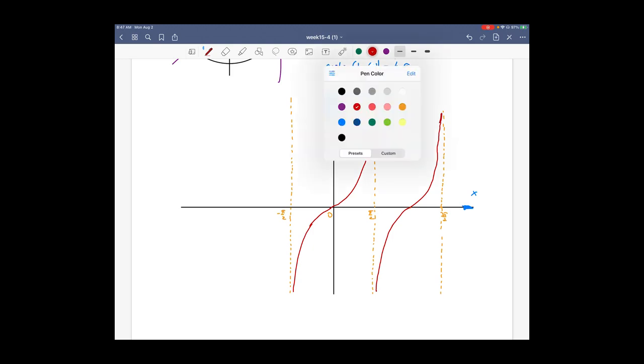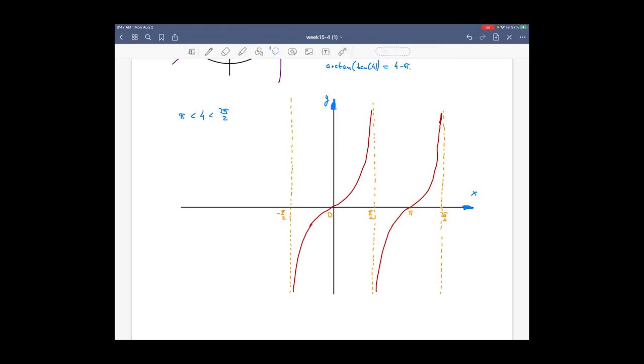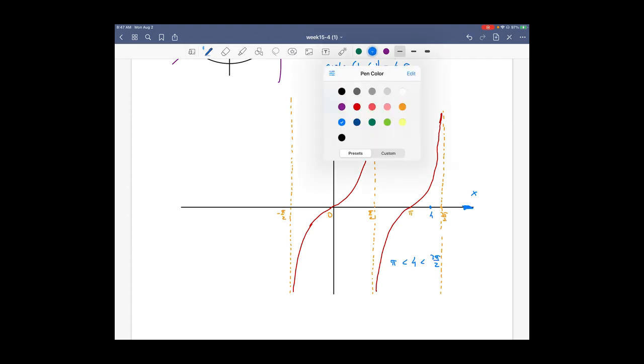And then, as we established, 4 is between pi and 3 pi over 2. And so 4 is here. Then tangent 4 is this line.